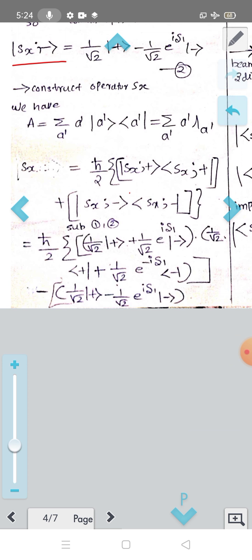So substituting the values, h cut by 2 is there, then 1 by root 2 |+> plus 1 by root 2 e raised to i delta 1 |-> into 1 by root 2 <+| plus 1 by root 2 e raised to minus i delta 1 <-|, because when a ket becomes a bra, a complex conjugate appears.